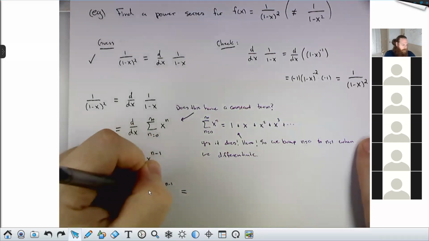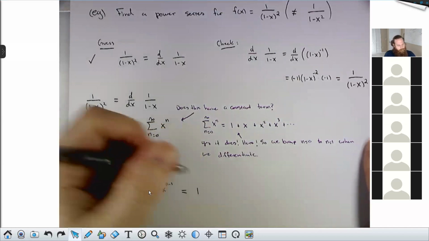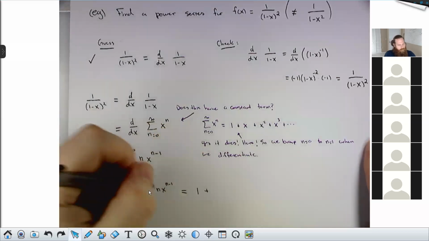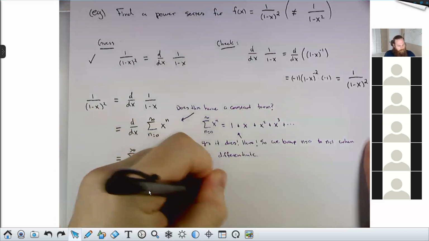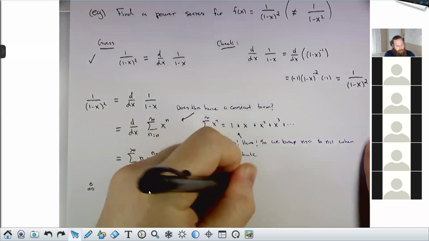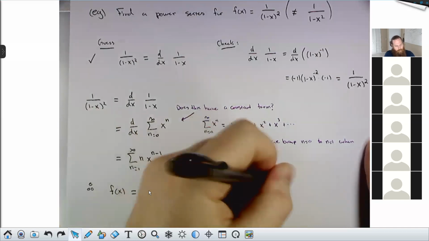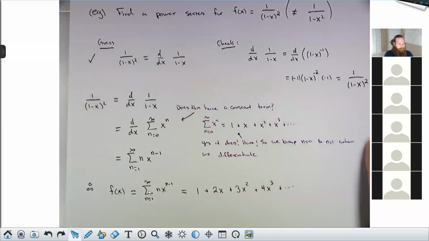So when n is 1, I get 1 times x to the 1 minus 1, which is just 1. When n is 2, I get 2 times x. When n is 3, I get 3 times x squared. When n is 4, I get 4 times x cubed, and so on.